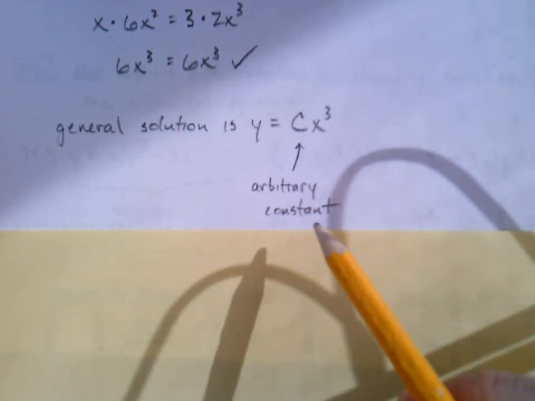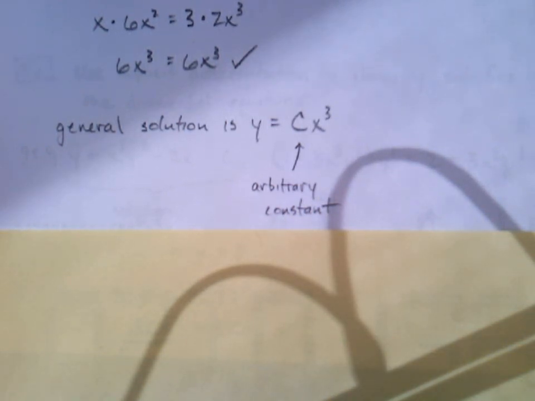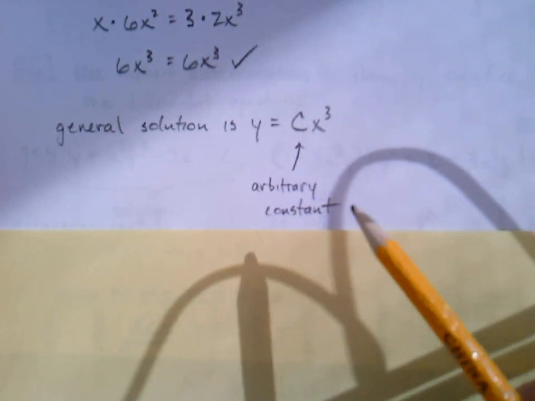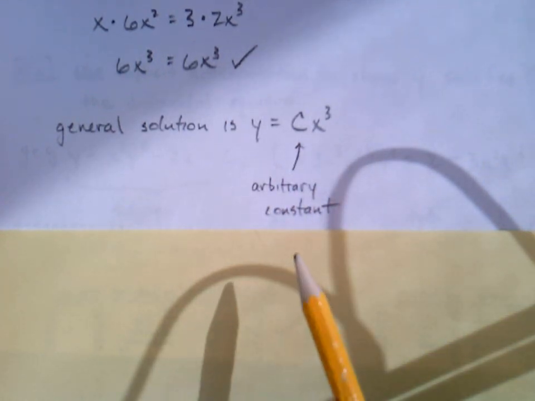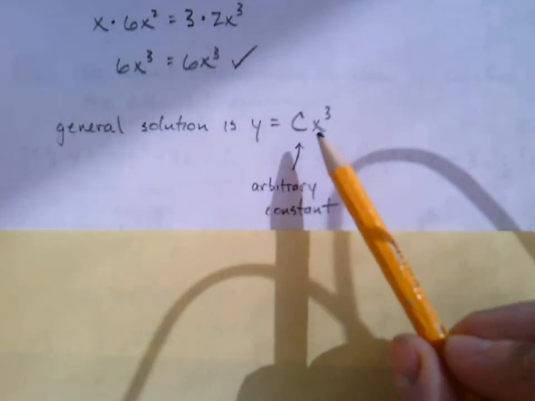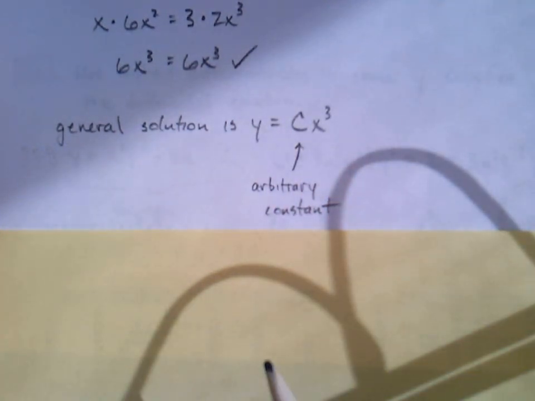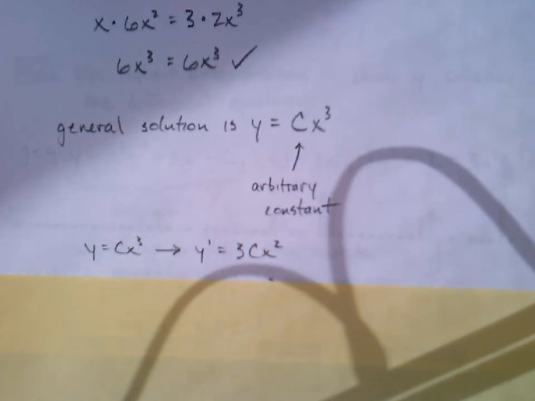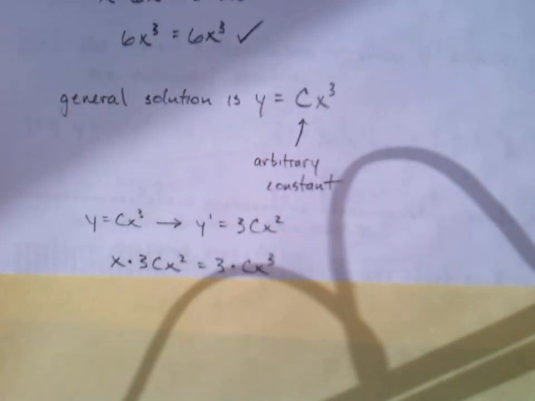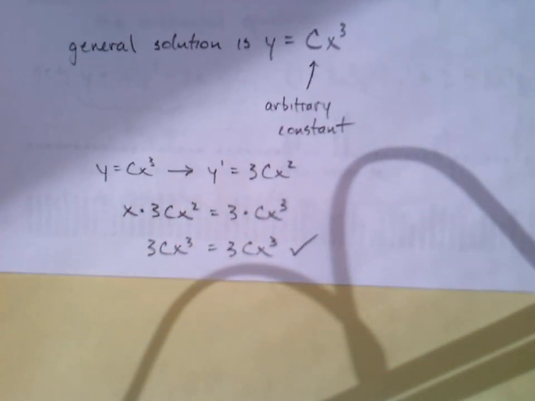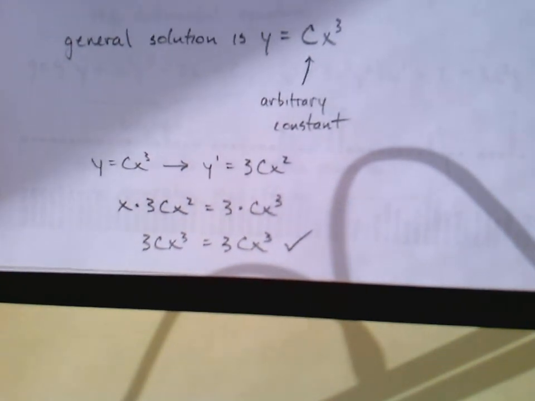It's an arbitrary constant that would come out when you do an integral. Turns out we're going to use a lot of integration to solve differential equations, and so that's where it would appear here. Any number C you can put there in front of x to the third, and you will get that differential equation to work out. And I guess here I'm verifying it's true for the general solution.